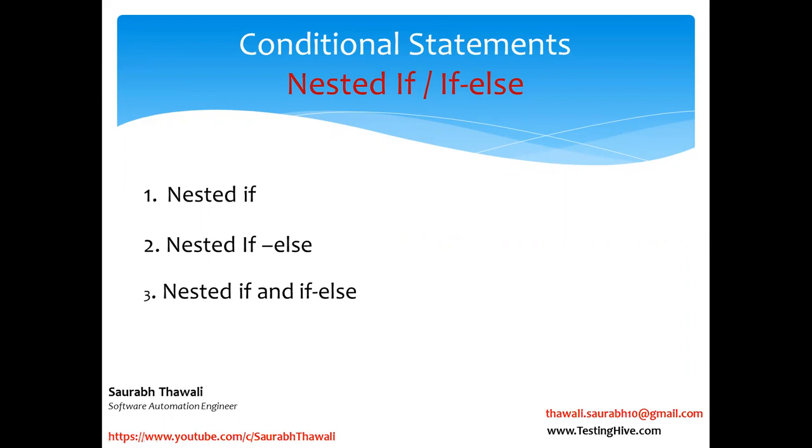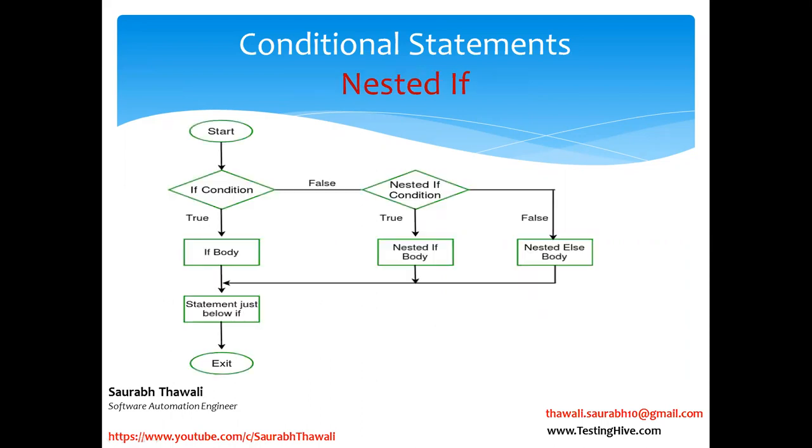Inside if we can have if else, or inside if else we can have if, and so on. This is just a flow chart for you to get a high level overview of how the execution works, and we will see the practical implementation so that your doubts will be clear. As you know, if else condition executes from top to bottom.